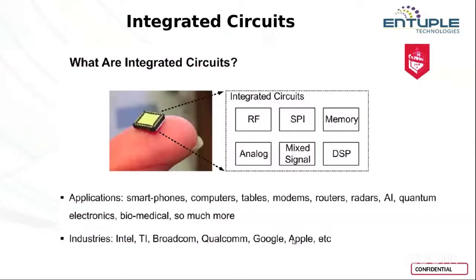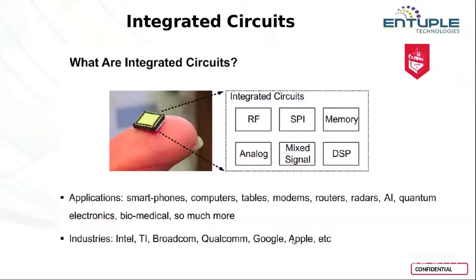Then in integrated circuits, overall, we are using them with RF applications, so RF domains, RF parts will be there. Then SPI protocols will be there, memories will be there, analog and mixed signals will be there, and DSP processing. So all things will be there in the IC.